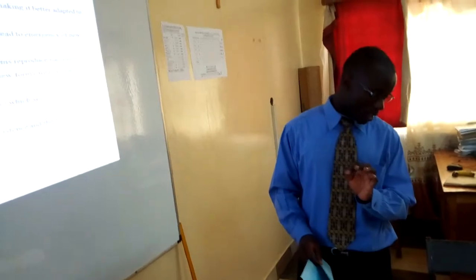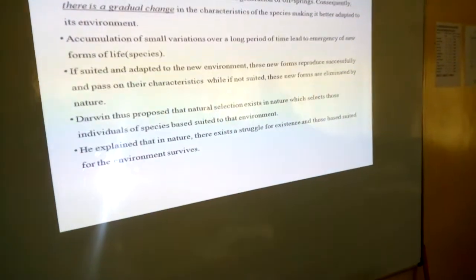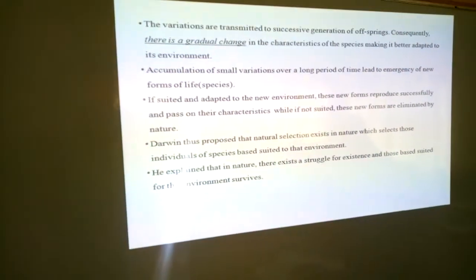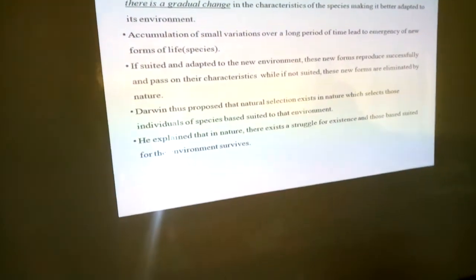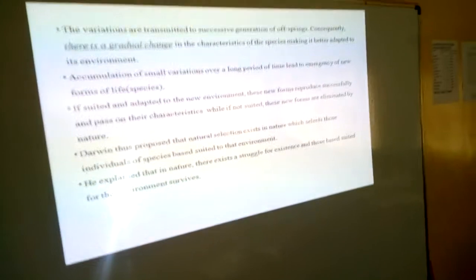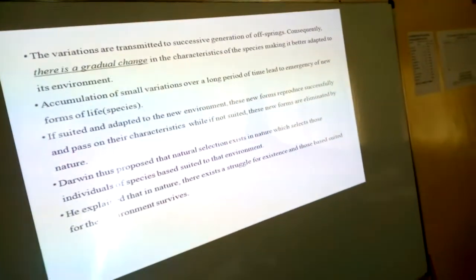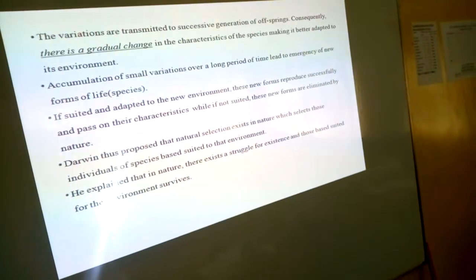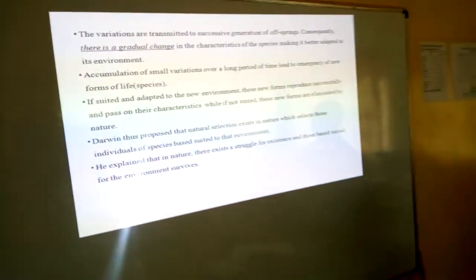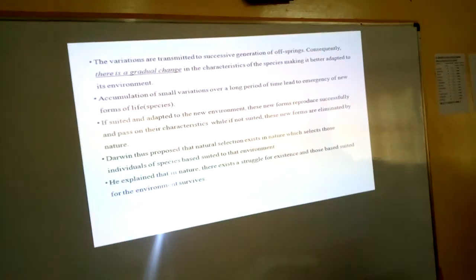Organisms in the same environment are always competing for resources like food, shelter, mates, etc., as well as struggling to cope with harsh environmental conditions, which are extreme temperature, flood, diseases, and avoidance of enemies. This is struggle for existence.